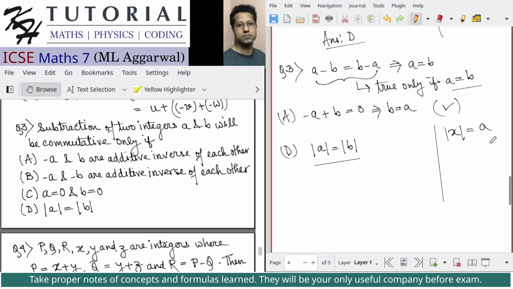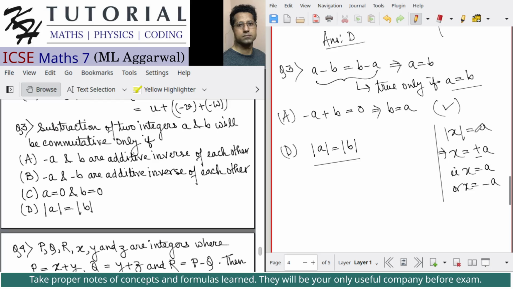What are the values of x such that absolute value of x will be equal to A? We have discussed that x will be equal to plus minus A. That is, x can have the value of A, or x can be equal to minus A. Both will satisfy the equation.